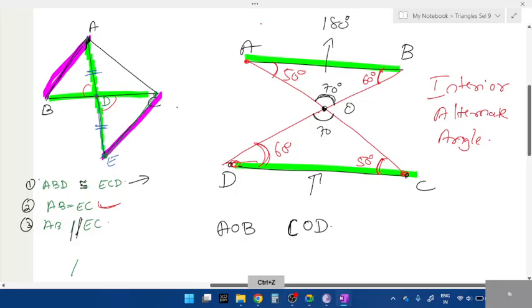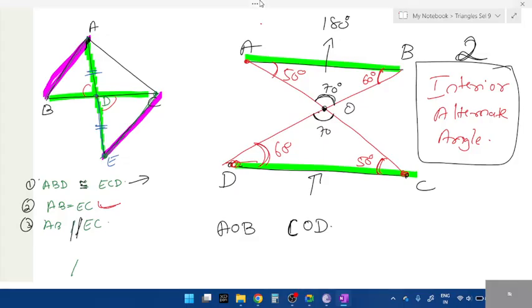This is the concept of parallel lines. So in parallel lines, what are the three things you have to remember? How many interior alternate angles will you have? Two interior alternate angles, and one vertically opposite. Is this clear? The meaning of interior alternate is this 50 degrees and this one.